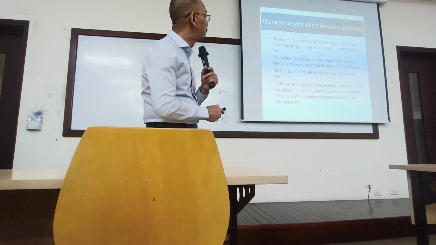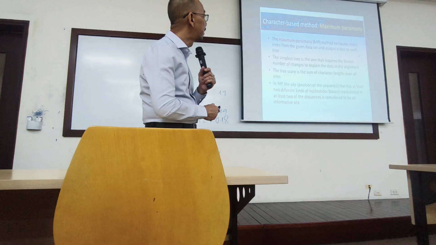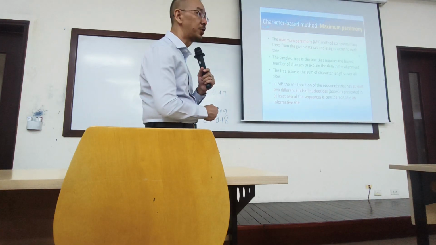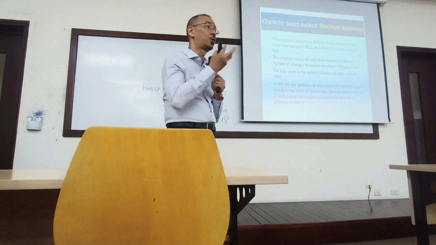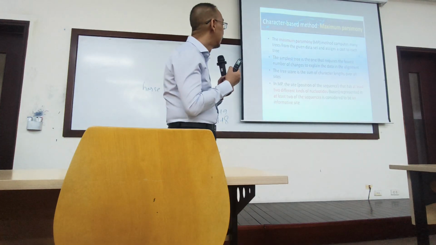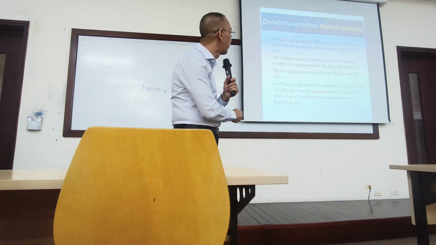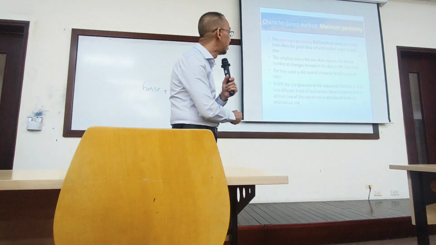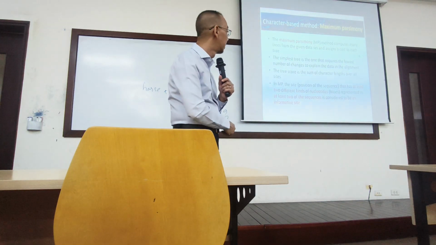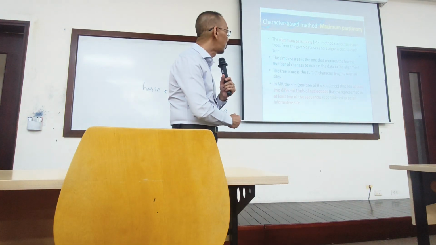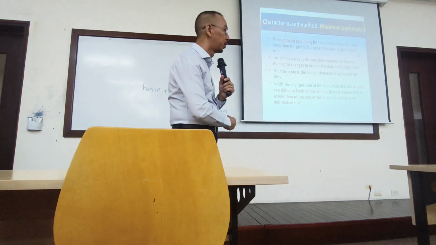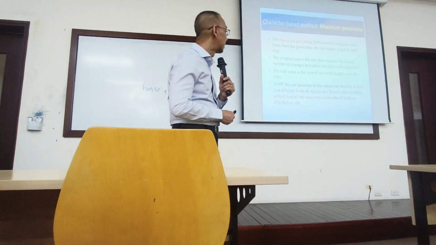The maximum parsimony method computes many trees for the given data set and assigns a score to each tree. The best tree is the one that requires the fewest number of changes to explain the data. The tree score is the sum of character lengths.